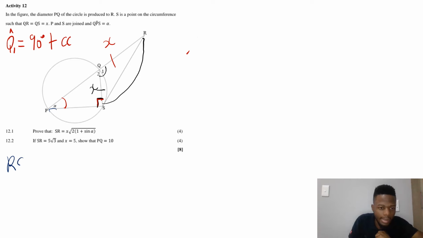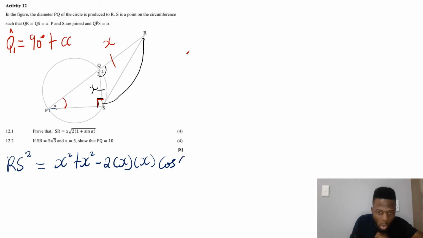So let's find RS. Because we're going to use the cosine rule, it's going to be RS squared equal to x squared plus x squared minus 2 multiplied by x multiplied by x multiplied by cos of that angle, which is 90 degrees plus alpha.